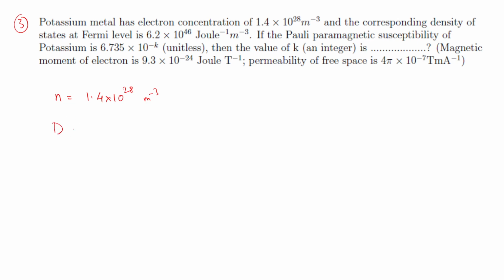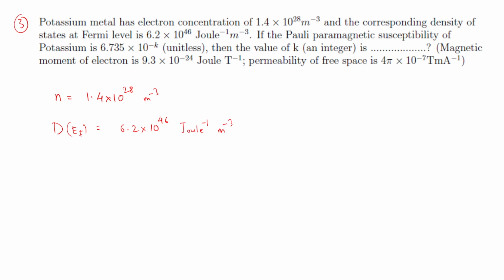So it is the density of states at the Fermi level that is given. This means it is the number of states per unit energy per unit volume. So it is 6.2 into 10 to the power 46 per joule per meter cube.